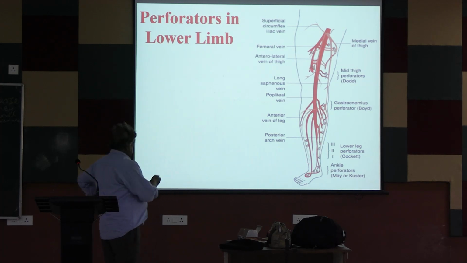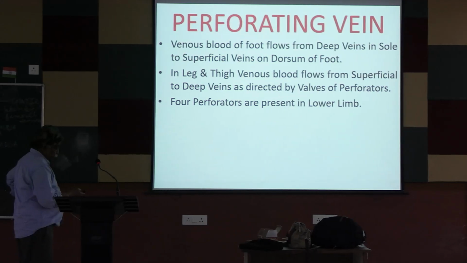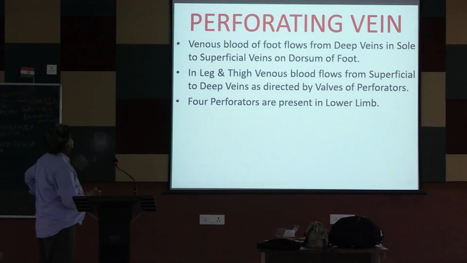Now you can see, now perforating vein, venous blood of foot flows from deep veins in sole to superficial veins on dorsum of the foot. In leg and thigh, venous blood flows from superficial to deep veins directed by valves of perforators. 4 perforators are present in the lower limb.